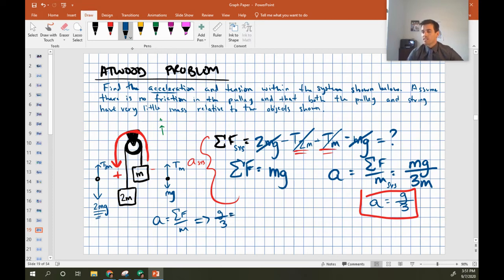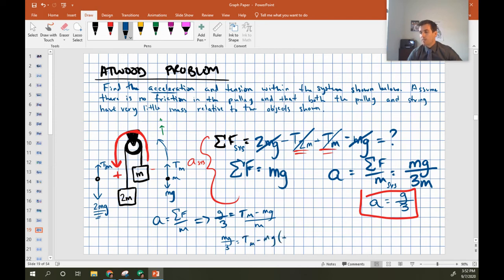Then the sum of our forces acting on it, well, it has Tm in the positive direction, because I said up is positive, minus mg, all over m, because the mass of this object is just m. So I can multiply both sides by m. That gets me mg over 3 equals Tm minus mg.